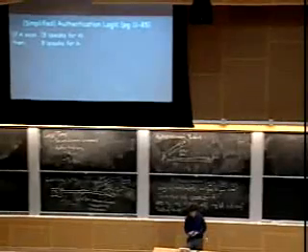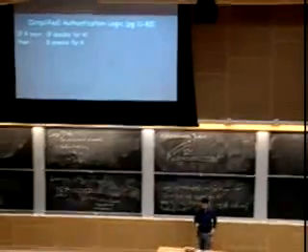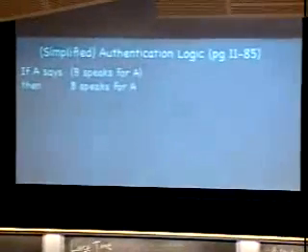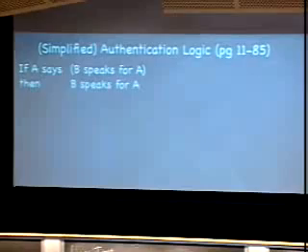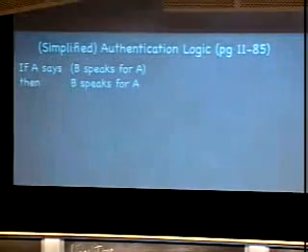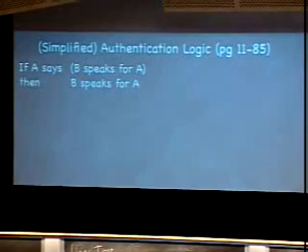What this rule says is: if A says B speaks for A, then B speaks for A. This sounds like an obvious statement. A says something means that if we hear A say something, A told us, and we believe that it was in fact A who told us this thing.